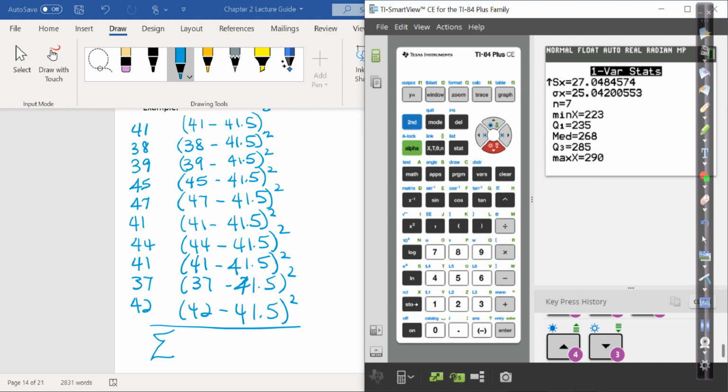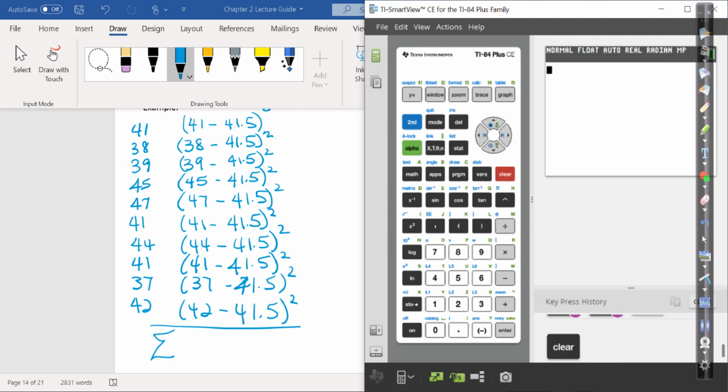So on my calculator, I'll do 41 minus 41.5 squared plus, and I do have to have parentheses, because I can't add these up otherwise.